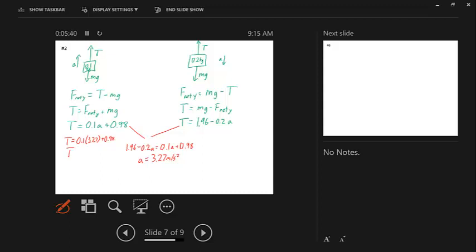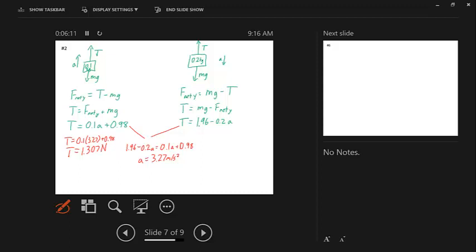So tension is equal to 0.327 plus 0.98, which is 1.307. This one's kind of easy because it's basically the exact same thing.